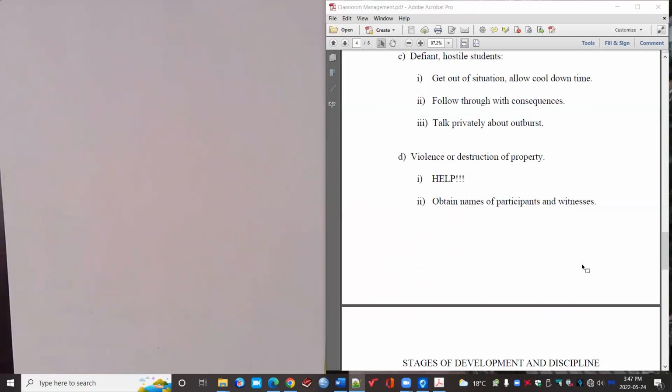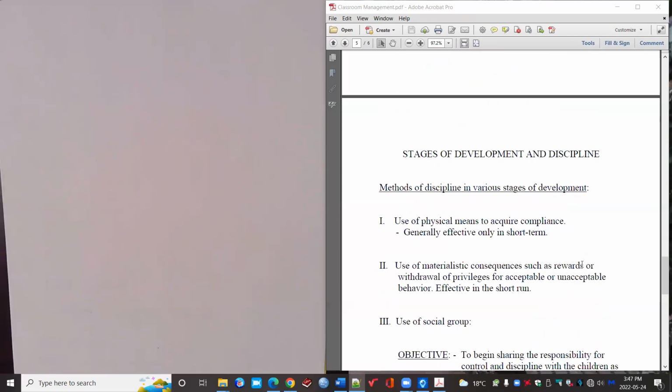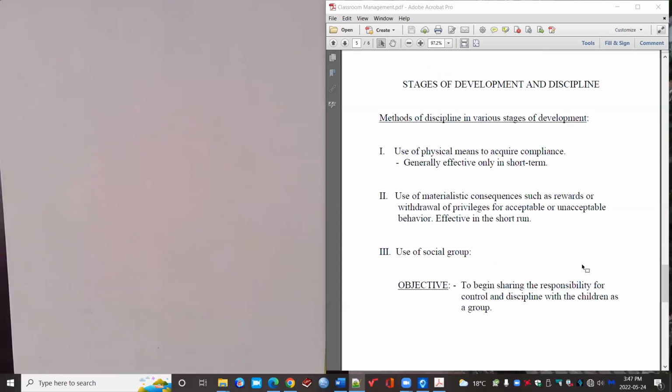Now, like Kohlberg, I remember Kohlberg has pre-conventional two stages, conventional two stages, and post-conventional two stages. Let's review that a little bit here.